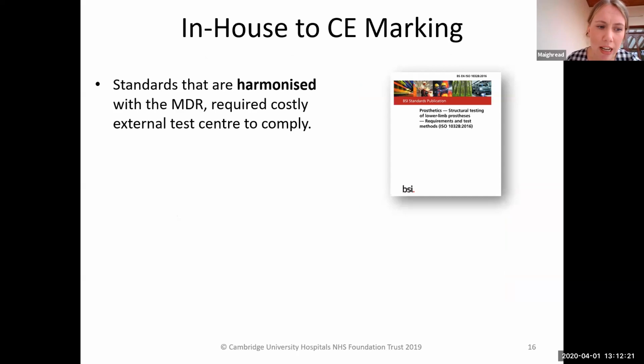The MDR has a list of harmonized standards which would be considered vertical device standards, so they're specific to a certain type of device. By complying with the MDR, you also have to comply with any relevant harmonized standard to your device.